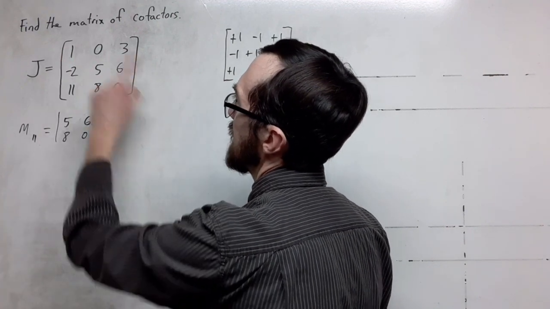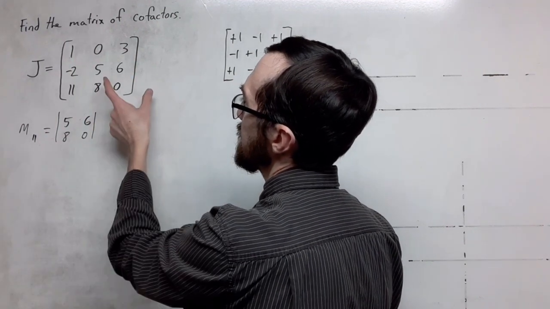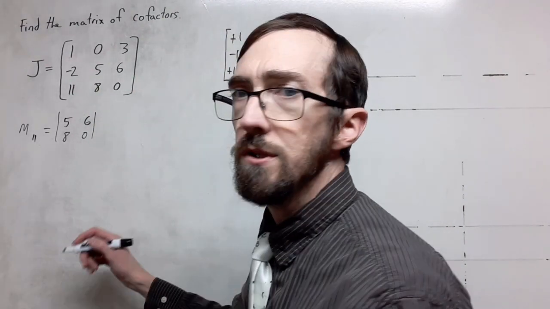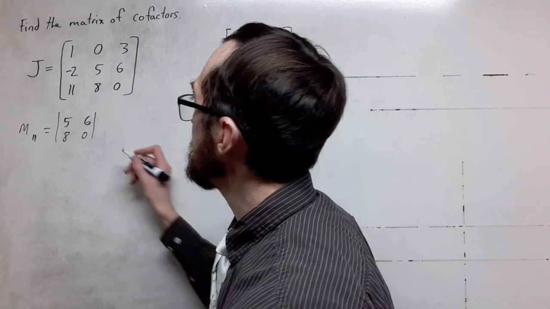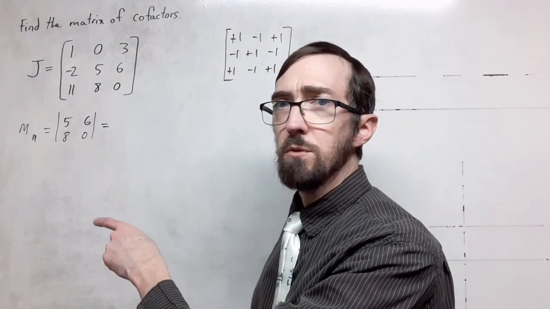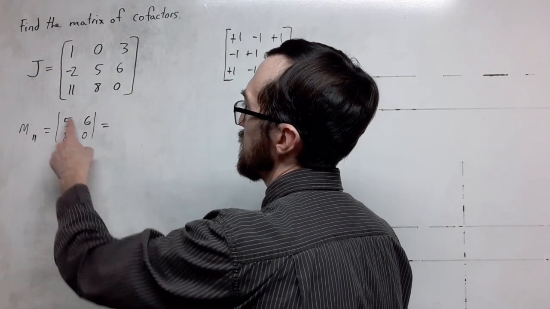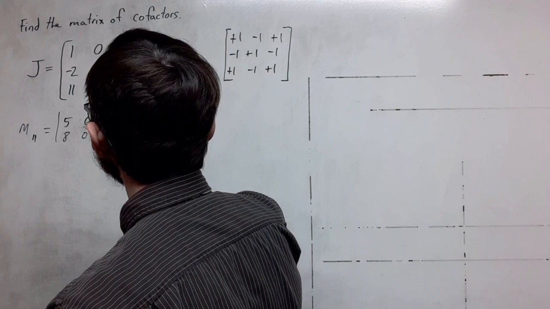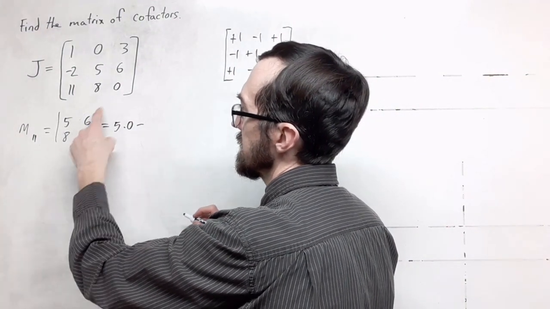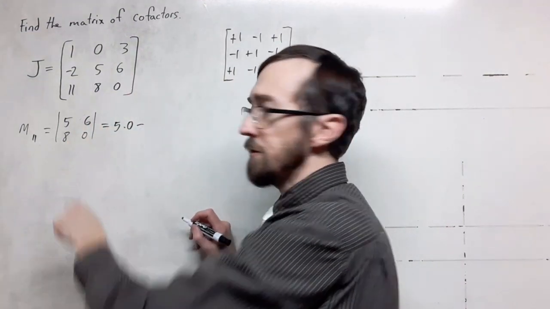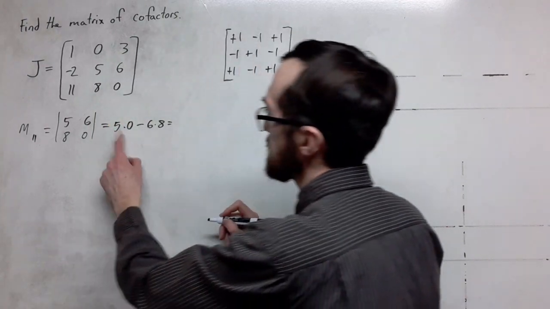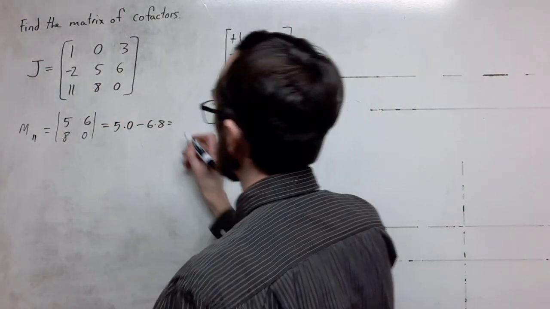We're going to start out looking at the minor for position 1, 1 here. If we take out the top row and the first column, we see that we have 5, 6, 8, 0. That's the 2 by 2 matrix here. And now we're going to take the determinant of that matrix. If you don't remember how to take a determinant of a 2 by 2 matrix, we are going to multiply on the main diagonal and then subtract, multiplying along the other diagonal going the other direction. Since we're multiplying by 0 here, this term is going to go to 0.